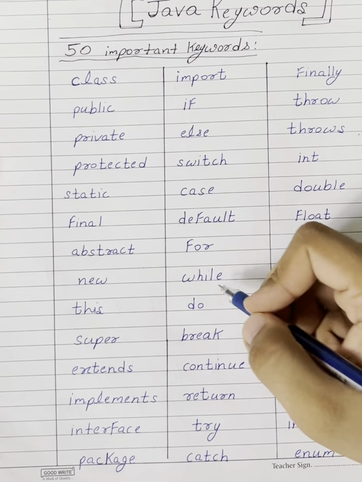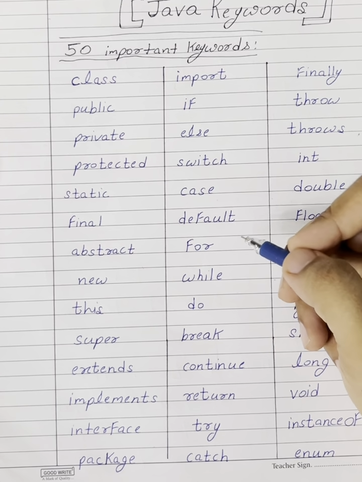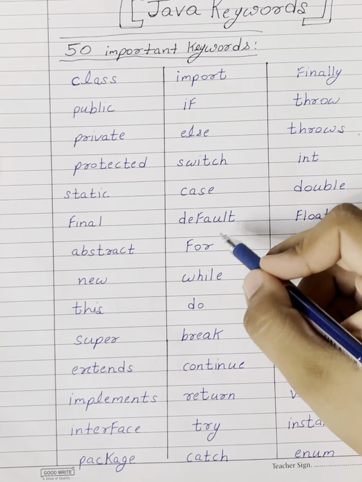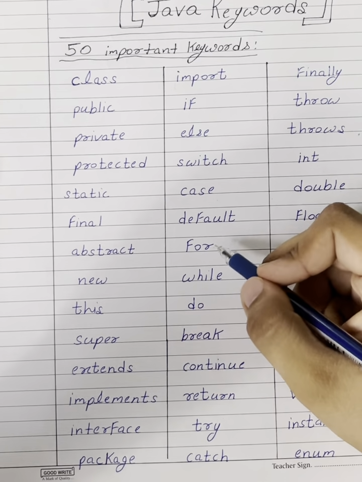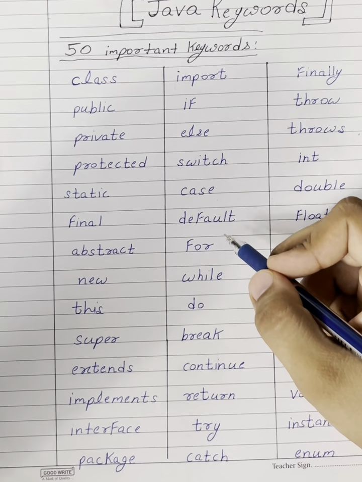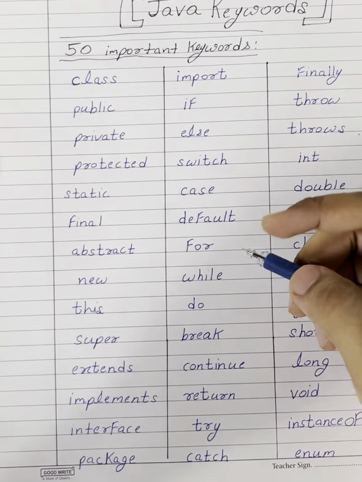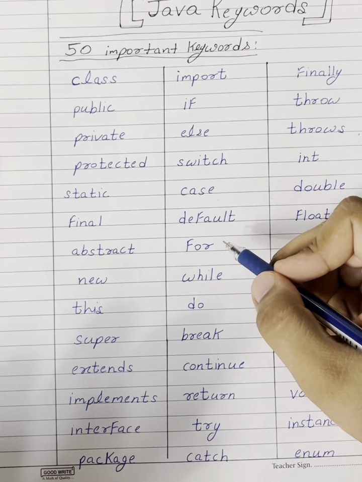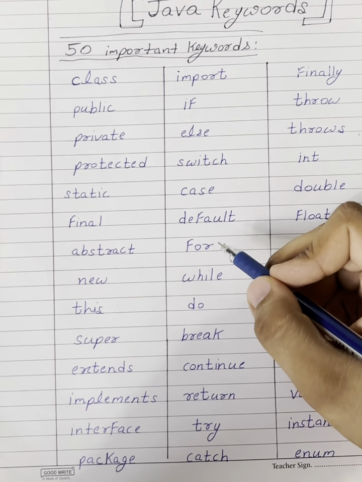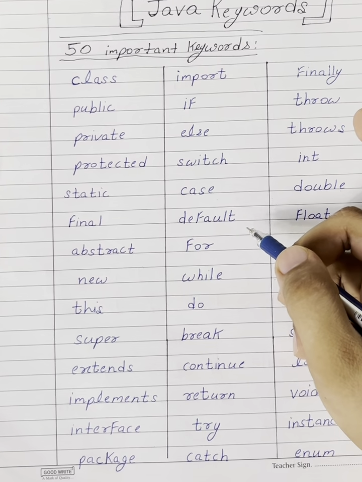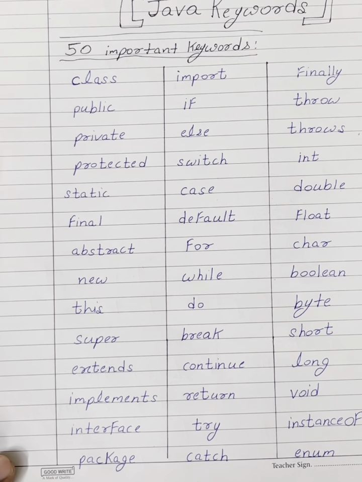So, guys, now let's talk about the for keyword. Guys, this for keyword is used to create a loop that repeatedly executes a block of code for a specified number of times. A for loop consists of three parts: initialization, condition, and update expression.